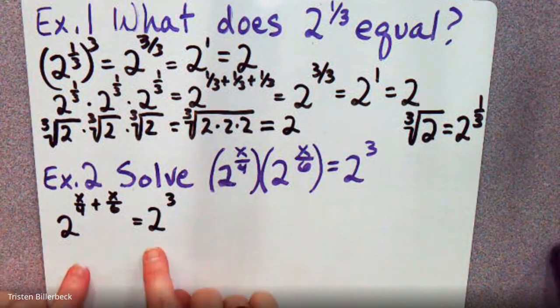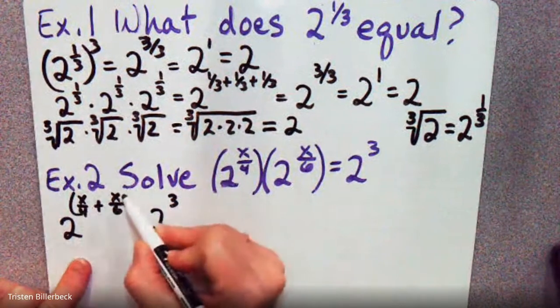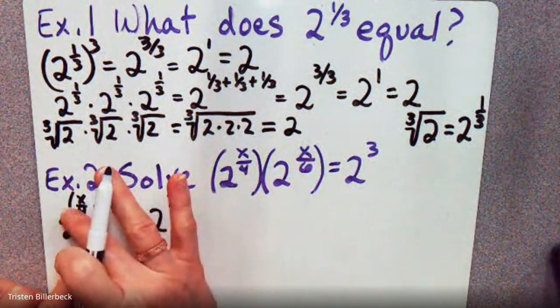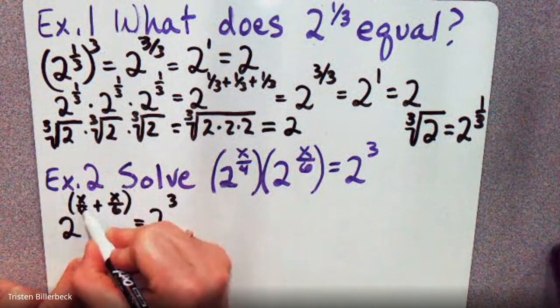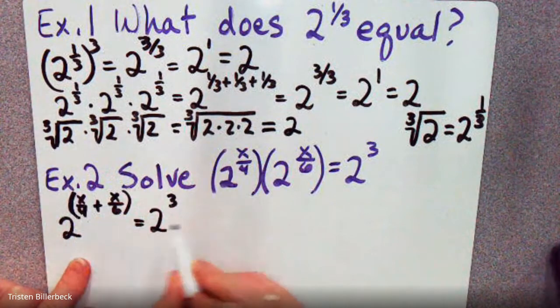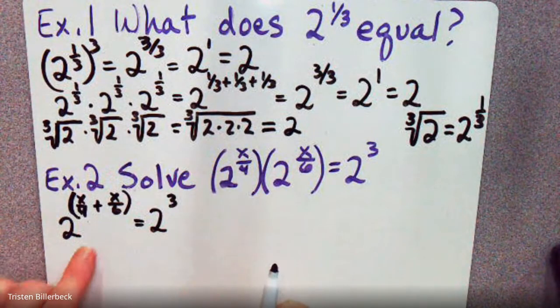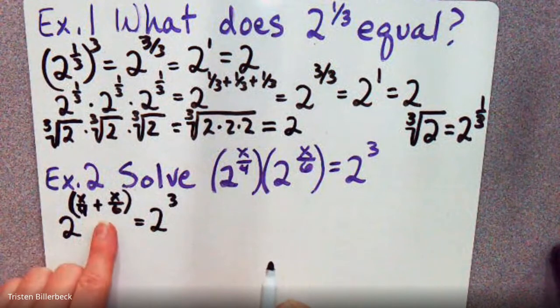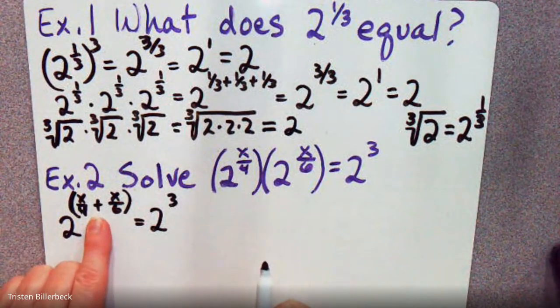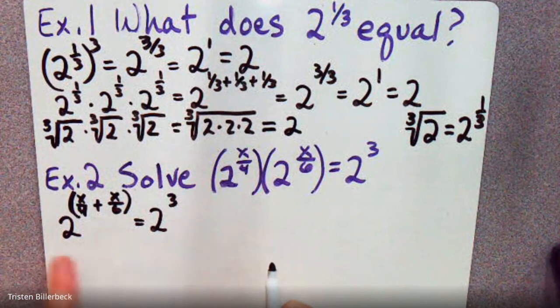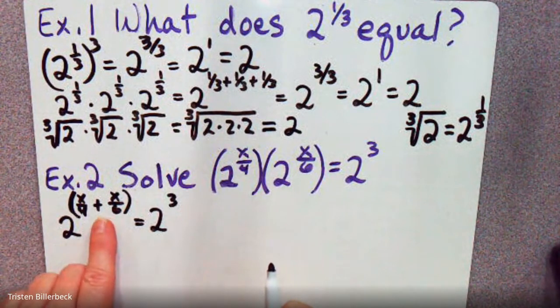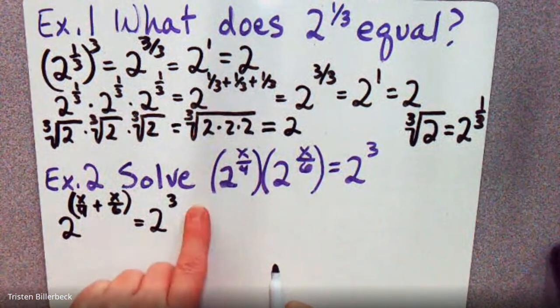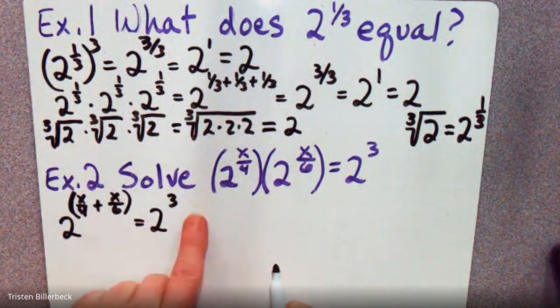So if we have the same base and we have exponents here that look different, these exponents logically have to be the same thing. So x over 4 plus x over 6 has to equal 3.